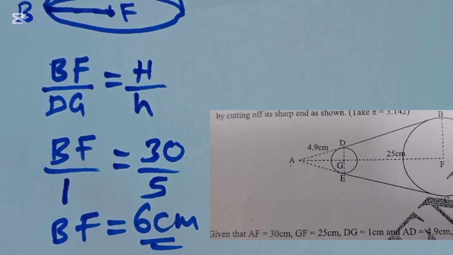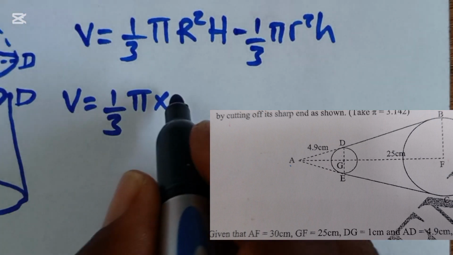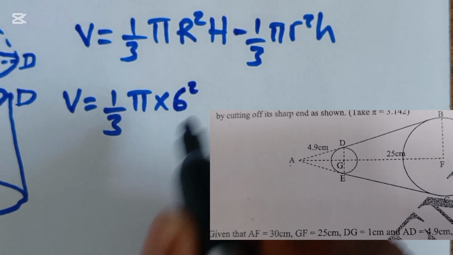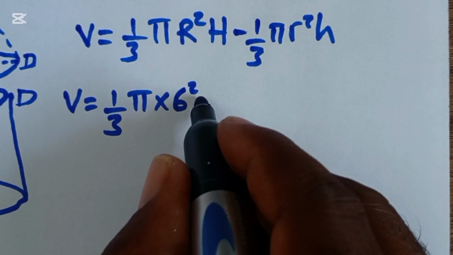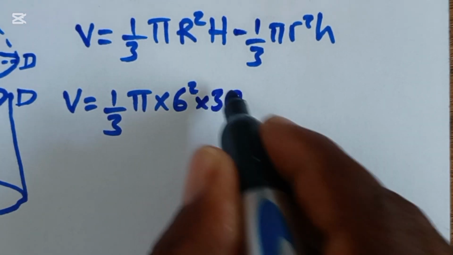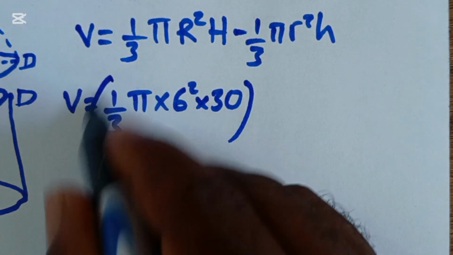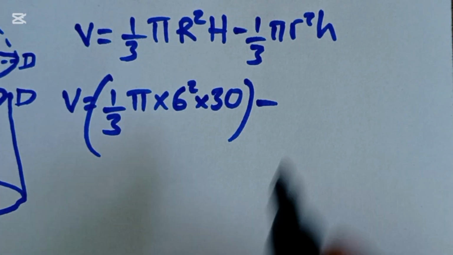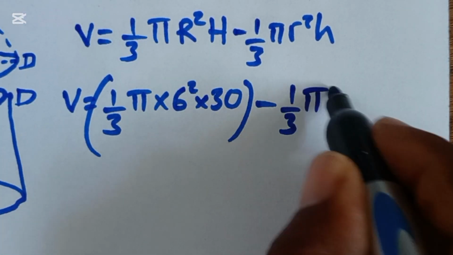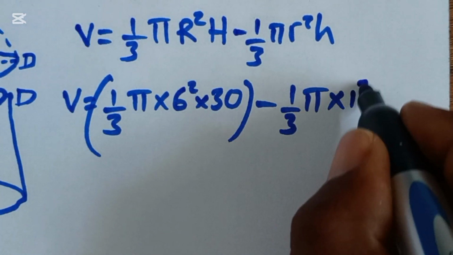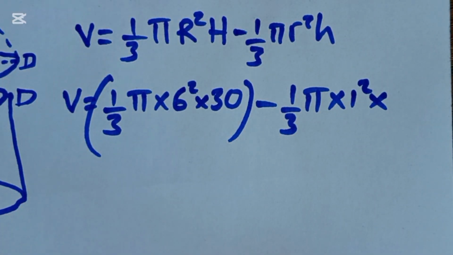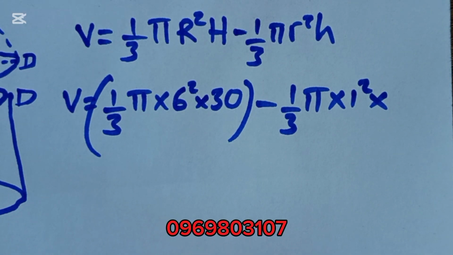Okay, so BF is 6. So BF is 6, so it will be 6 squared. Then the big height is 30, so it will be times 30 minus 1 over 3 pi times the small radius, which is DG, it is 1. So it will be 1 squared times the small height, which is AG, which is 5.